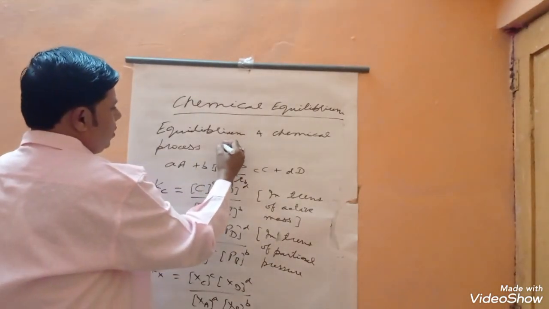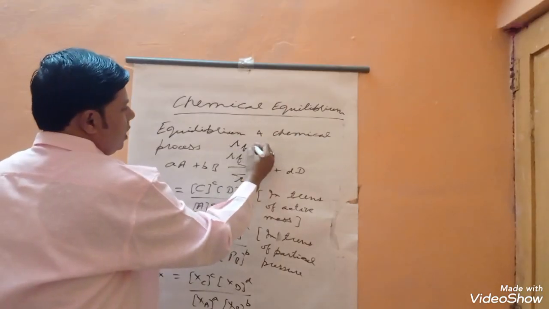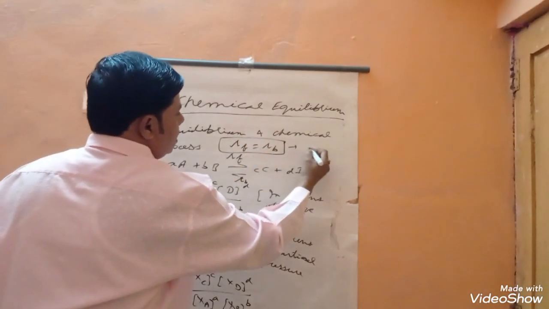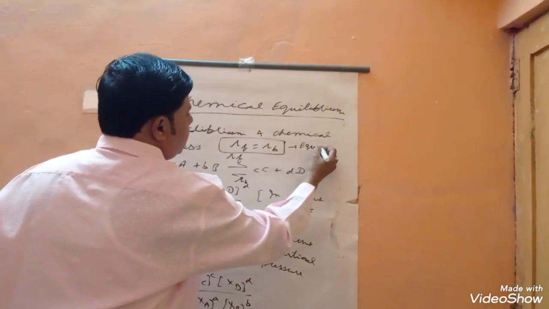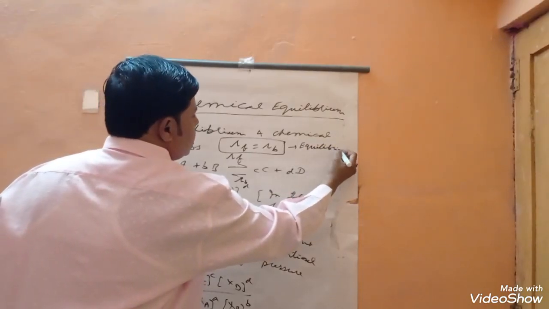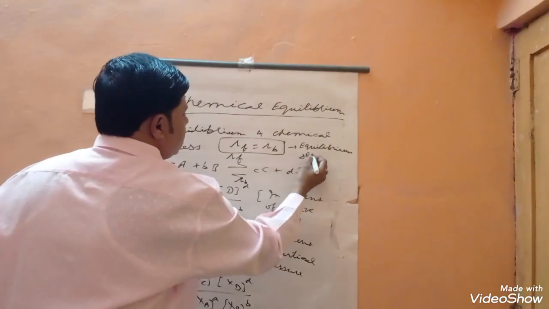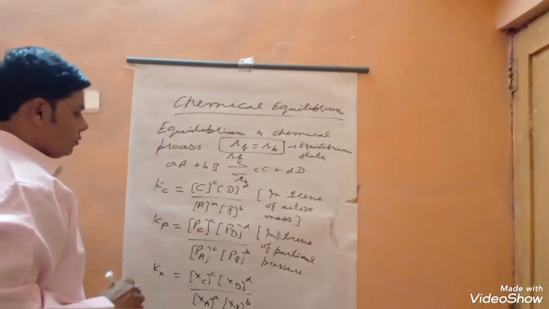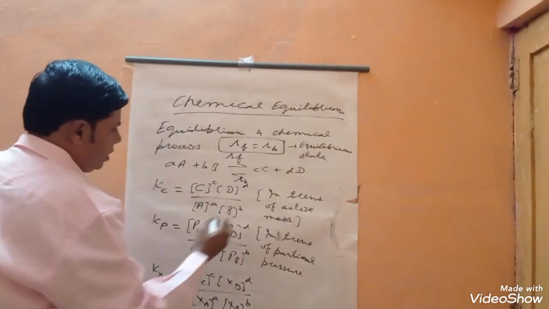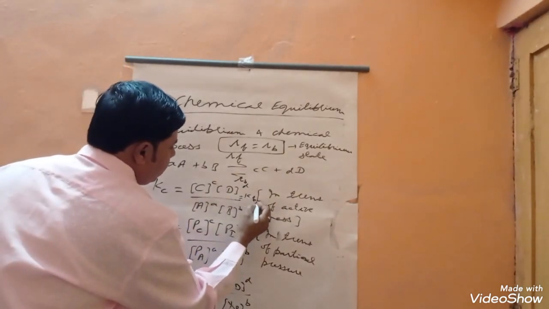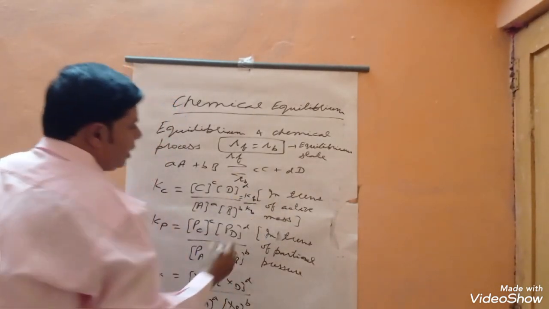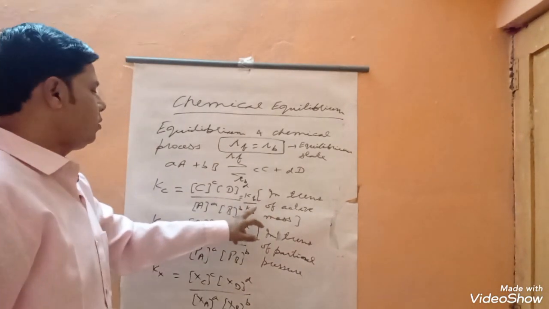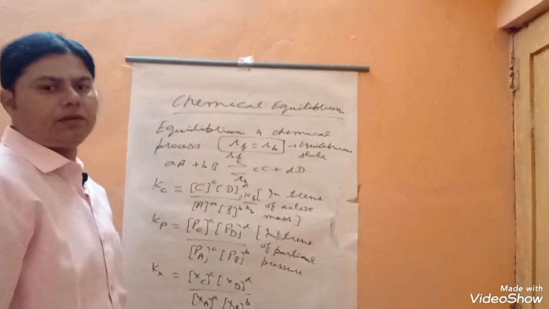In the equilibrium state, the rate of forward reaction is equal to the rate of backward reaction, at a particular concentration. This is equal to Kf upon Kb, the rate constant of the forward reaction over the rate constant of the backward reaction.